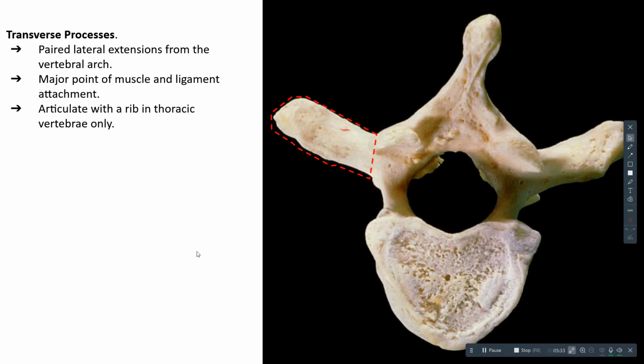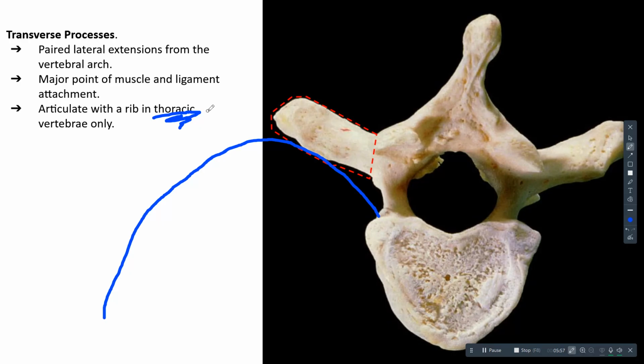So on each side, a rib is going to swoop in, kind of like this, and articulate with that transverse process. But that only happens in thoracic ones. So in lumbar and cervical, these guys are used for muscle attachment.